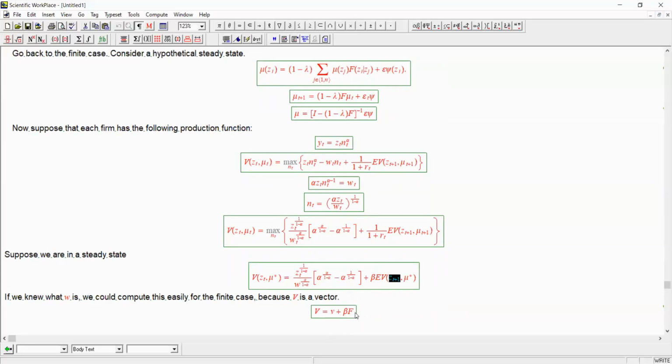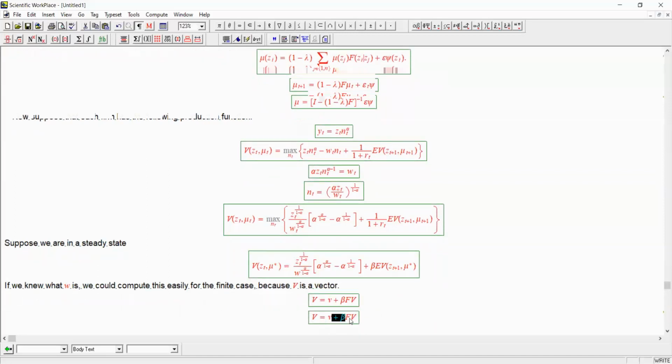If we stack those things, we have beta f times v. And again, we can subtract this from both sides, and then this is just the identity matrix minus this, all inversed. So we could easily compute that if we knew what W was.